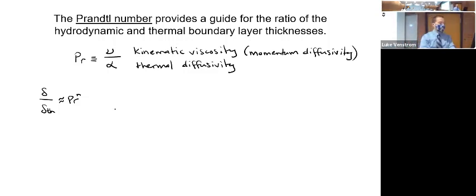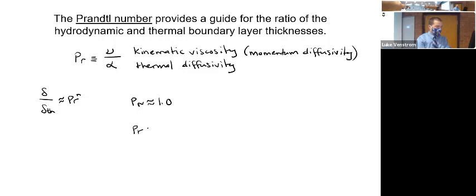There are basically three broad categories that fluids fall into based off of the values of the Prandtl number. You can see Prandtl numbers around unity, so you have very similar values for the kinematic viscosity and the thermal diffusivity. You can see Prandtl numbers much, much less than unity. And you can see Prandtl numbers much, much bigger than unity.